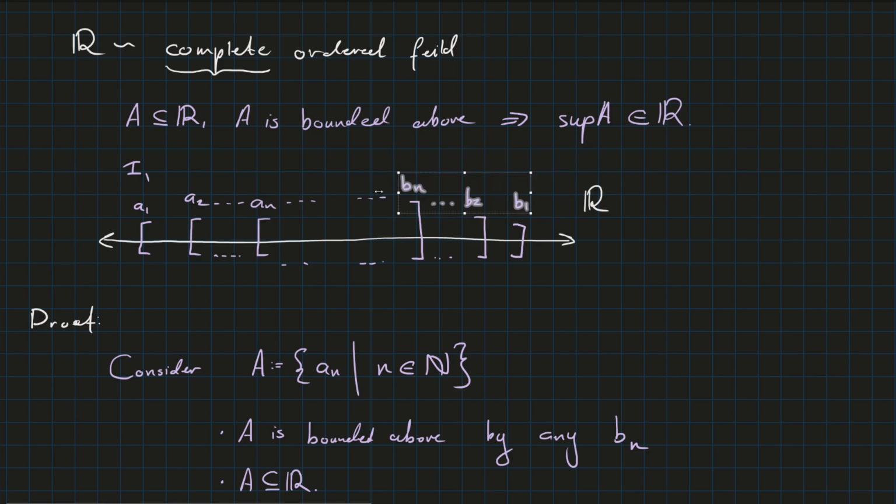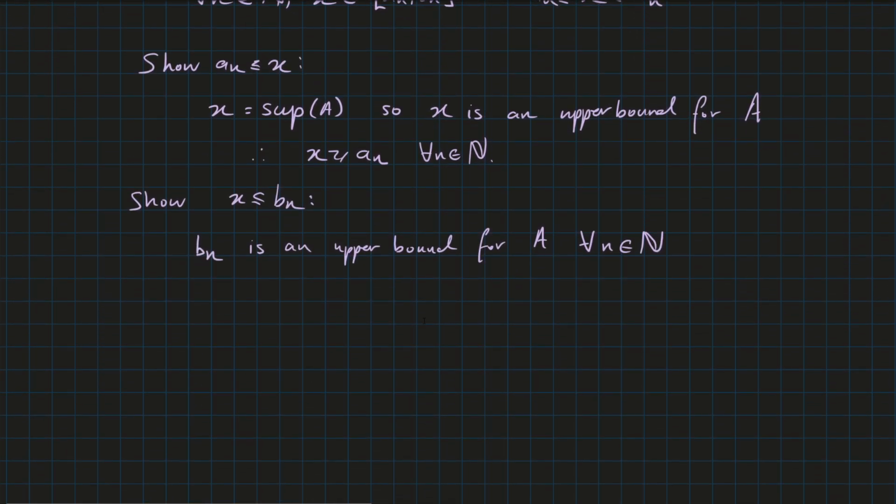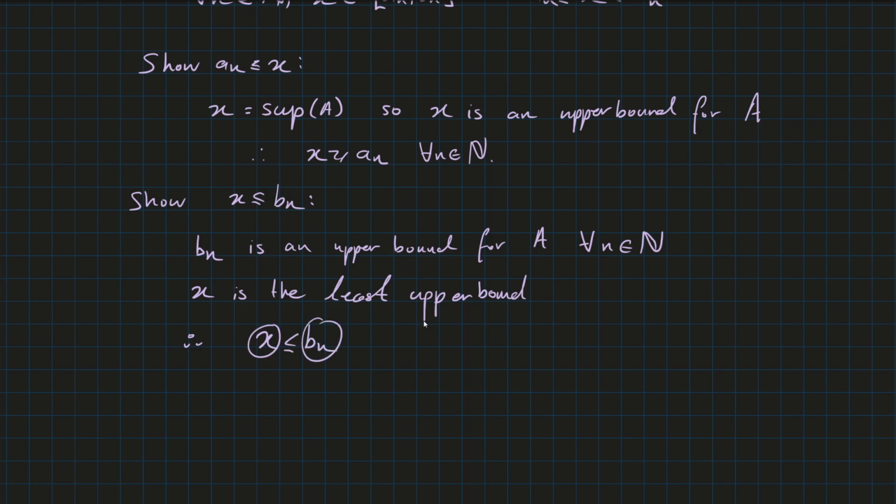These Bn's are always upper bounds to the set of all An's. But x is the least upper bound. And so we get that x is less than or equal to Bn. So Bn is an upper bound, but we know that x is the least upper bound, so it must be less than or equal to all the Bn's for all n in N.